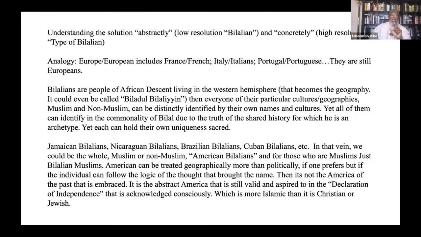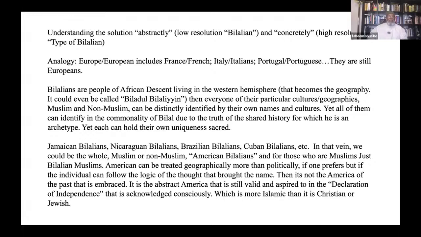It's the correct identification from a master narrative historical point of view, which is what a master narrative and a name is supposed to do, as we've already said. It's supposed to say to you where you come from, how you got there, who you are, and aspirationally, who you hope to be. So Bilal does that for all people of African descent living in the Western Hemisphere.